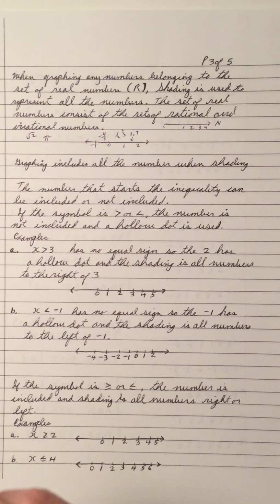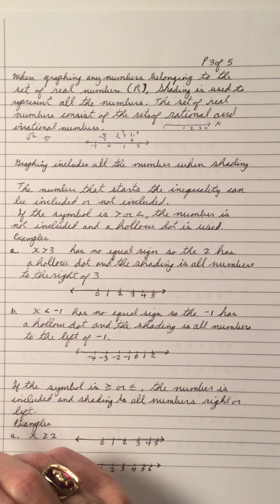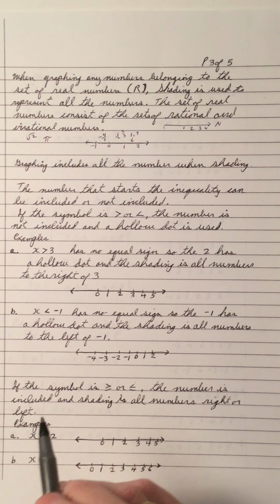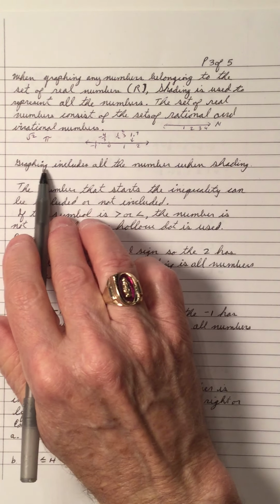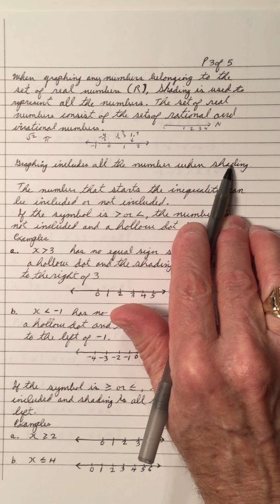Just to explain the difference: natural, whole, and integers are dots. When we graph with the real numbers, we have to do shading, because we have to represent all the numbers between the numbers. The graphing includes all the numbers when you're shading.